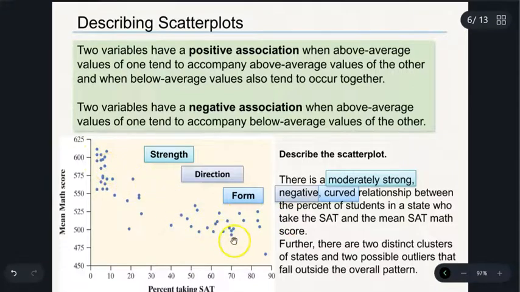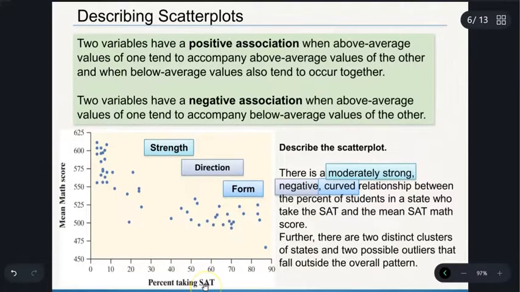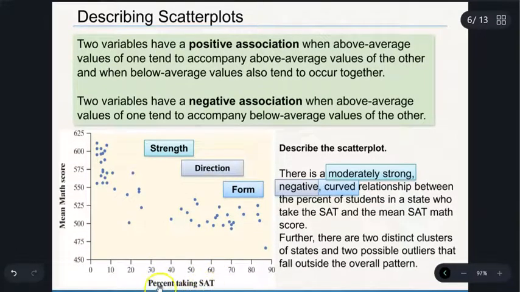This goes down left to right, which means as the percentage, the one quantitative variable down here increases, the quantitative variable here decreases. And because this is on the x-axis, we are going to say the percent of students taking the SAT is your explanatory variable, and the response variable is the mean math score.